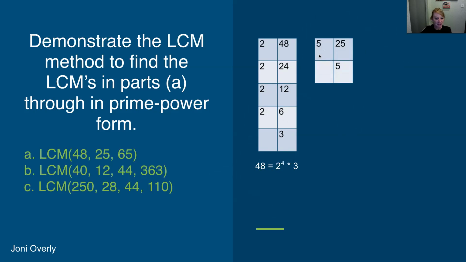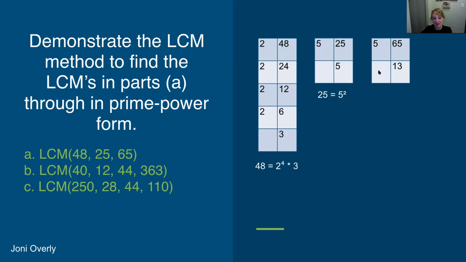So in our next one, 25 is divided by 5, leaving 5. So 25 equals 5 squared. Okay. And 65 is divided by 5, leaving 13.